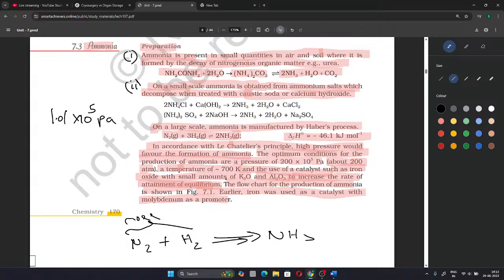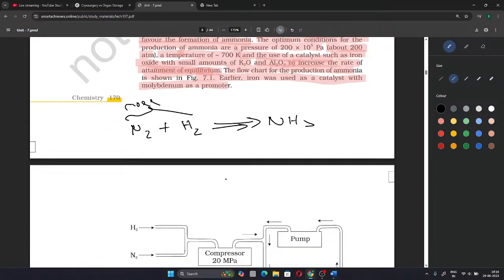The new process is to use iron oxide, the ferric oxide, with small amounts of K2O, potassium oxide, and aluminium oxide. This is normally used as a catalyst in the new method. But before, the catalyst was iron, and molybdenum acted as a promoter.